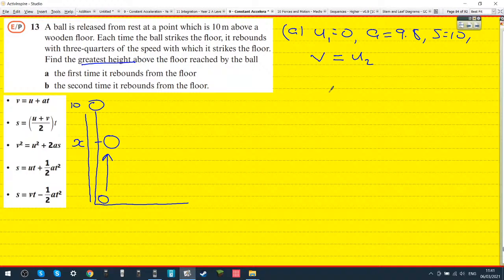So we could use v squared equals u squared plus 2as. V squared equals 0 squared plus 2 times 9.8 times 10.